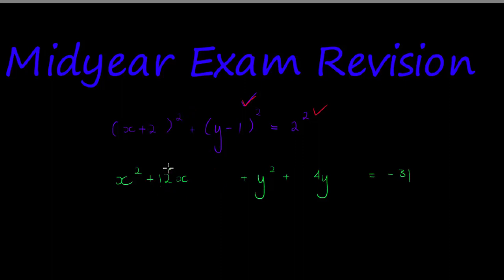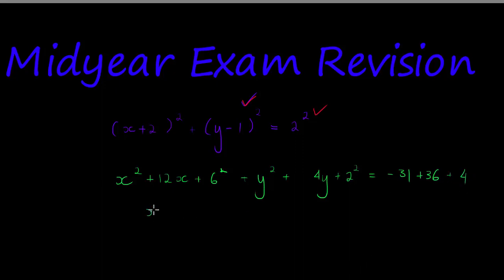To complete the square, I take the term in front of the x, divide by 2, and then square it. So 6, that's half of 12, and square. So I'm adding 36 on the left hand side, so I must add 36 on the right hand side. Here, half of 4 is 2 squared, so I'm adding another 4 on that side.